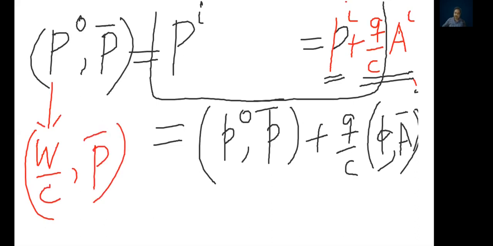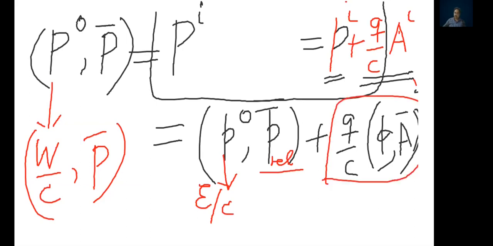On the right, you have this P naught, which is the energy of the particle divided by C. And this is, of course, the relativistic momentum of the particle. So please add this suffix here, that it is the relativistic momentum of the particle. And this quantity is the contribution coming from the fields.